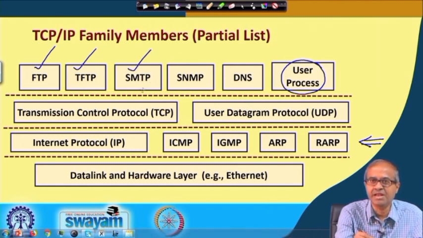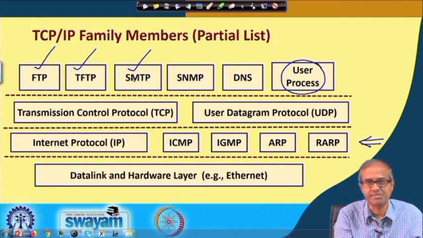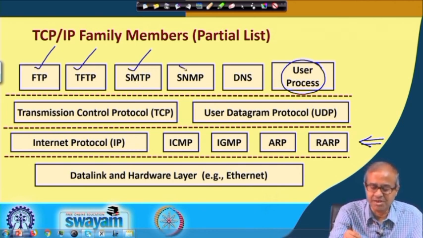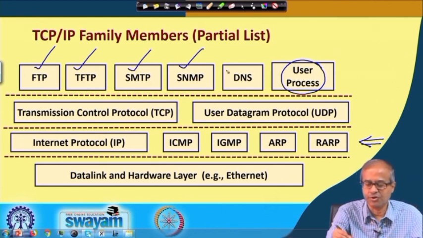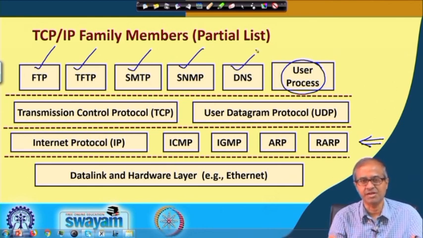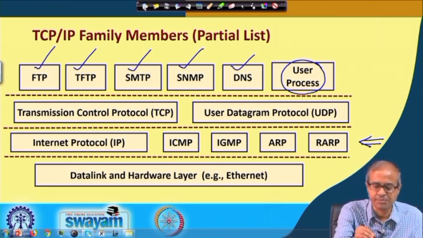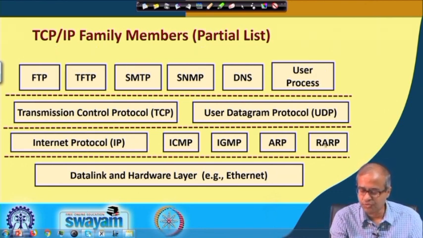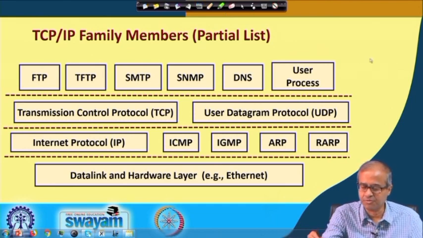All our email is sent and received using this SMTP protocol. Simple network management protocol, domain name system and so on. There are many others. So, this is just a very quick picture. Now, talking about these four, I will very briefly talk about these.